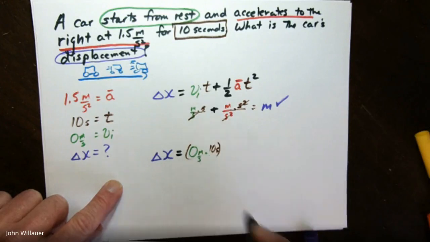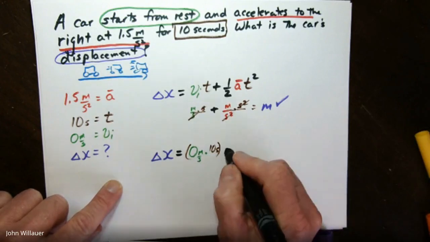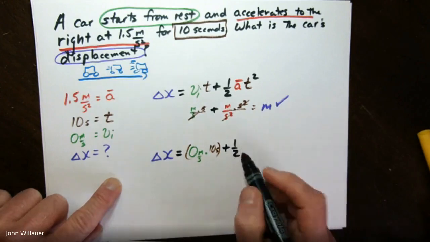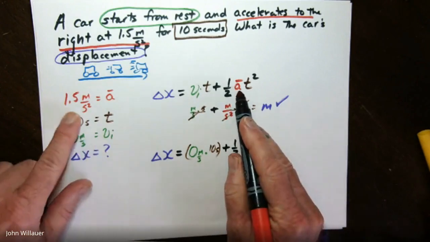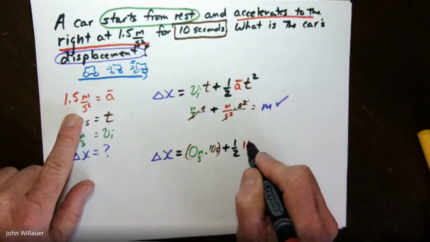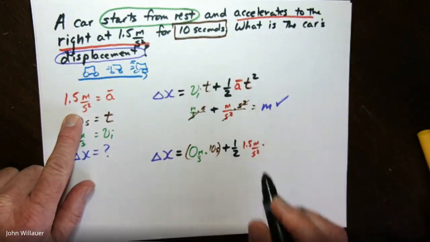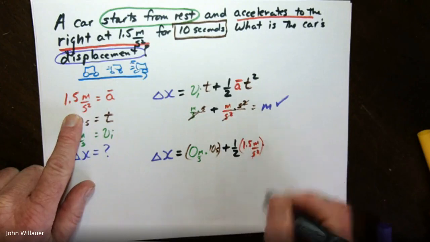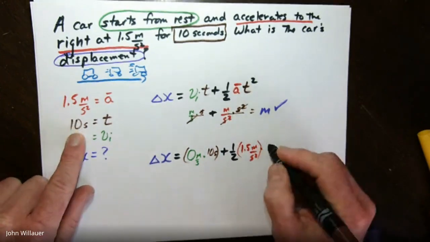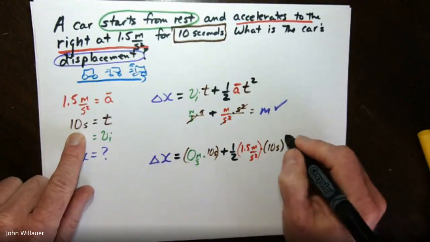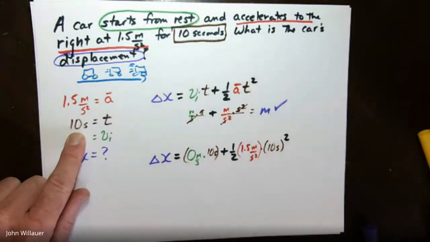But we know that that's going to multiply to 0, plus 1/2 our acceleration. Our acceleration was 1.5 meters per second squared times our time, which was 10 seconds, but I have to square the seconds, okay?